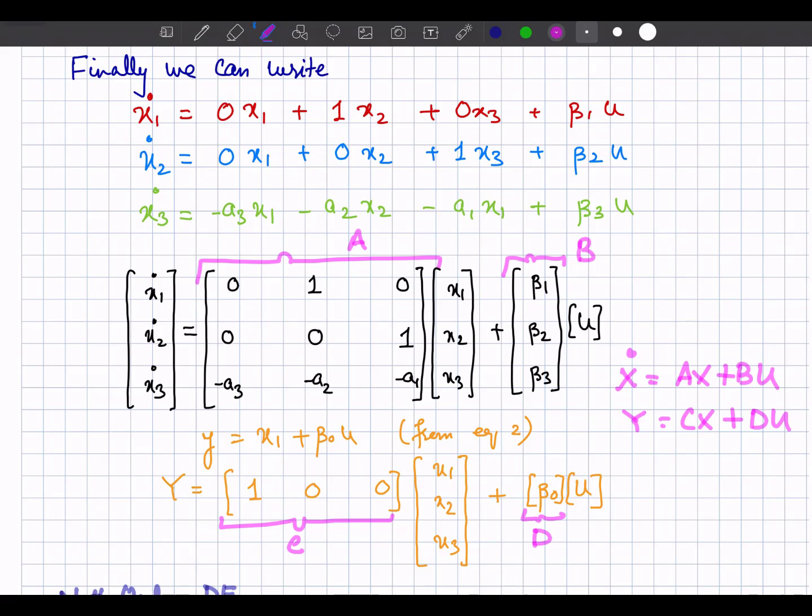Okay, so comparing it with the standard set of state space equations, we can now determine the matrices A, B, C and D for this differential equation in which there were the derivatives of the forcing function, right. So what we need to do in order to represent any nth order differential equation in terms of n first order differential equations, we need to calculate beta 1, beta 2 and beta 3.